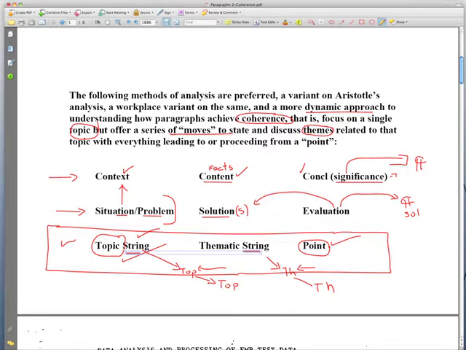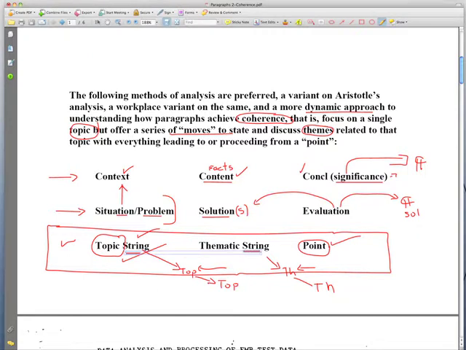When I'm editing a jumbled paragraph, I don't look for a topic sentence, what I look for is a point sentence. I try to figure out what's the author's point. Where's the point? Once I find the point, I might put it up at the top just to try to unravel the spaghetti, and it's usually spaghetti strings in a bad paragraph where the topic and the theme is jumbled.